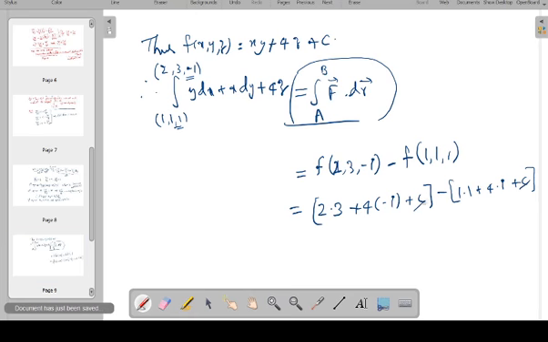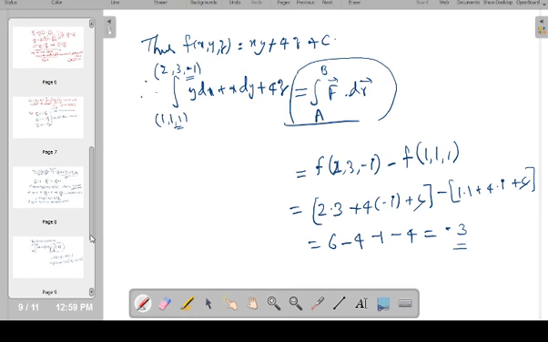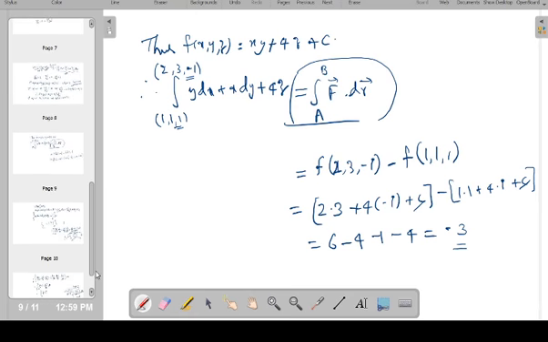This c and this c cancel. So this is 6 minus 4 minus 1 minus 4, which is minus 8 minus 9 plus 6, so minus 3. Yes, this is how such kinds of problems are done. Thank you.